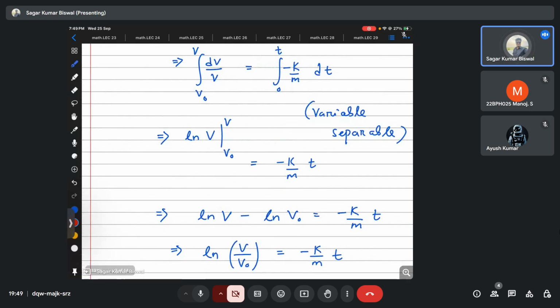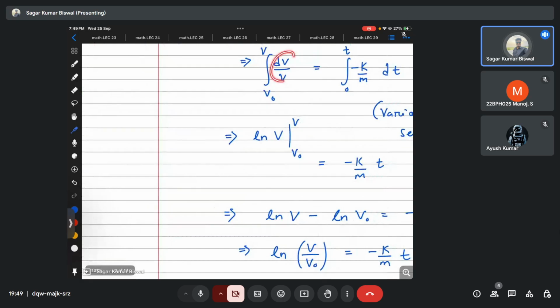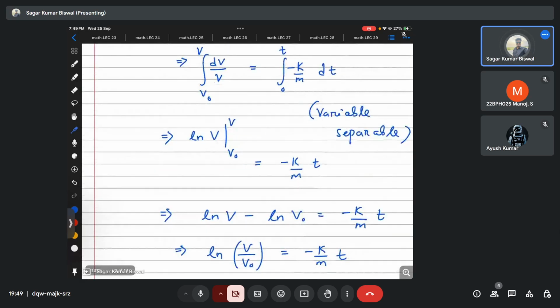The first method we discussed in the differential equation chapter is the variable separation method. So here you can take this v to this side, then this will become dv by v, and this will become minus k by m dt. And now if you integrate it, the initial velocity was v0 and now the velocity is v, and the initial time was 0 and now the time is t.